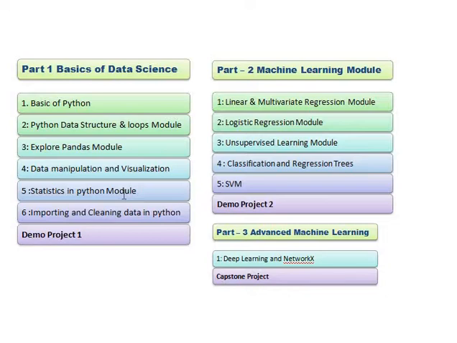Then this is the fifth part, the most important part. Here I am going to talk about statistics in Python, because if I talk about statistics just in terms of their definitions and explain it, then you might not understand the entire concept.